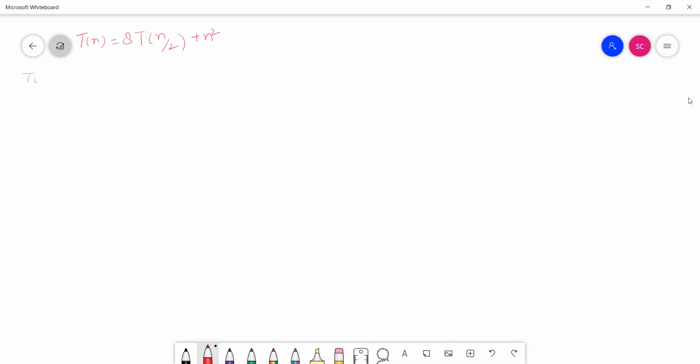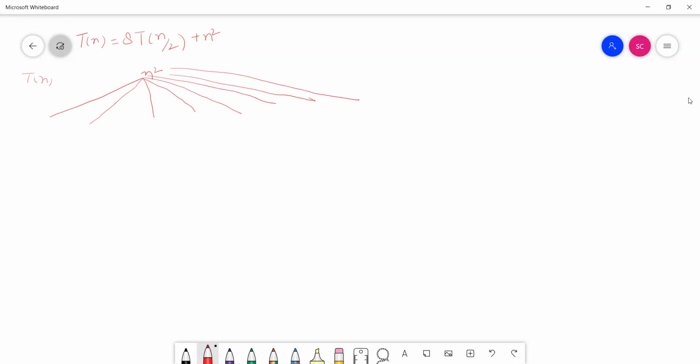We have T(n) of size n doing n square amount of work. We'll get 8 branches: 1, 2, 3, 4, 5, 6, 7, and 8.